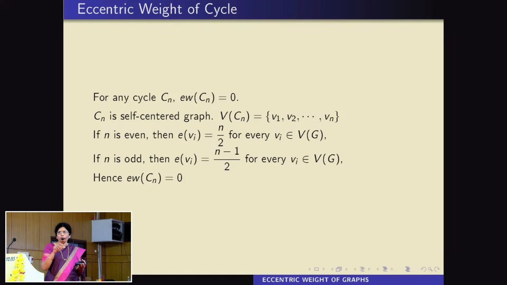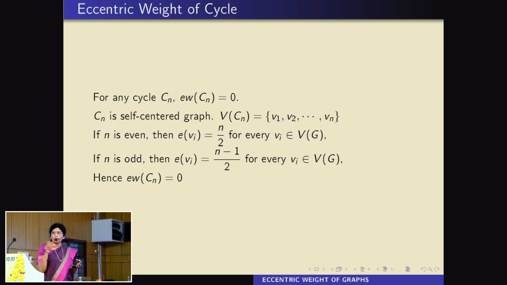If u is the central vertex of one star graph, its eccentricity will be equal to 2, because its distance from the pendant vertices of the other star graph is equal to 2, and that is the maximum.